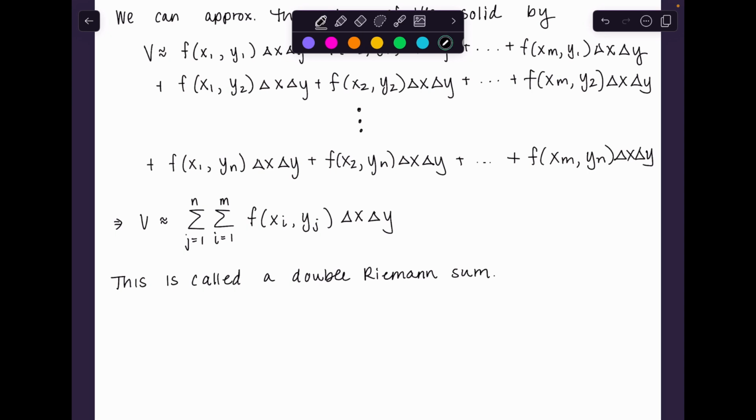And what we would do to find the true volume is split those intervals up as small as you possibly can, and you're basically letting the number of subintervals for both x and y approach infinity. So taking more and more rectangles leads to the volume of the solid.